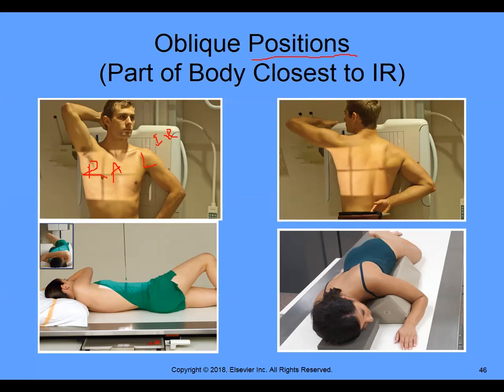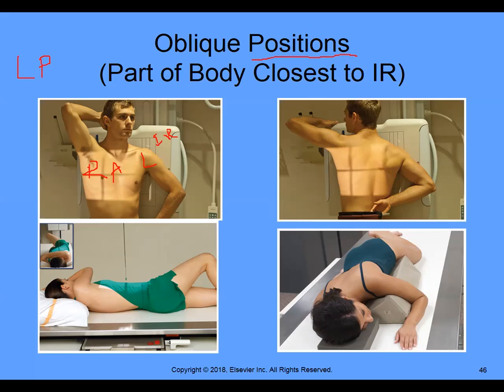So I'm going to start off with this one like we did yesterday. The left side is closest to the image receptor. Now, we need to identify, is it his posterior side or his anterior side closest to the image receptor? Well, in this case, it's his posterior side that's closest, right? Because the back side of him is touching the image receptor.